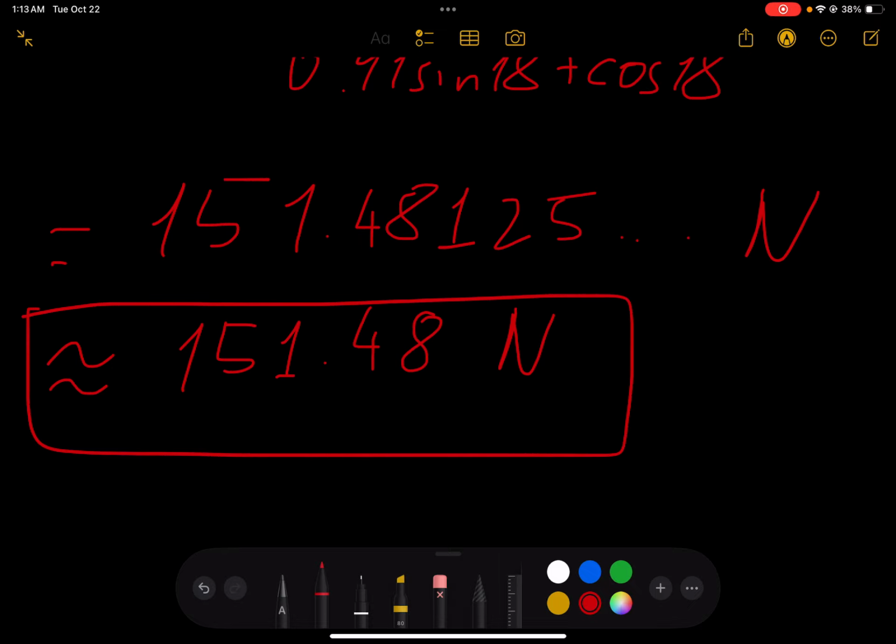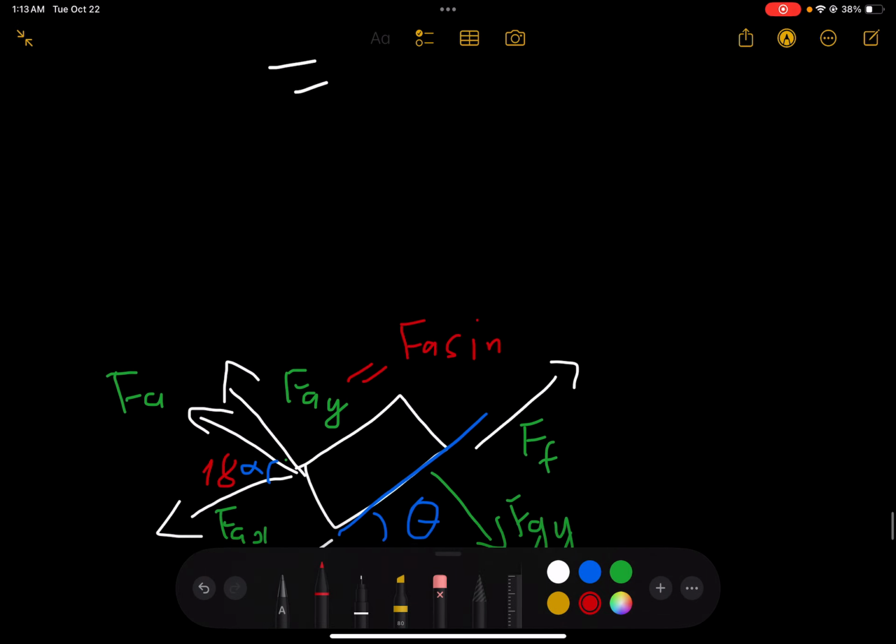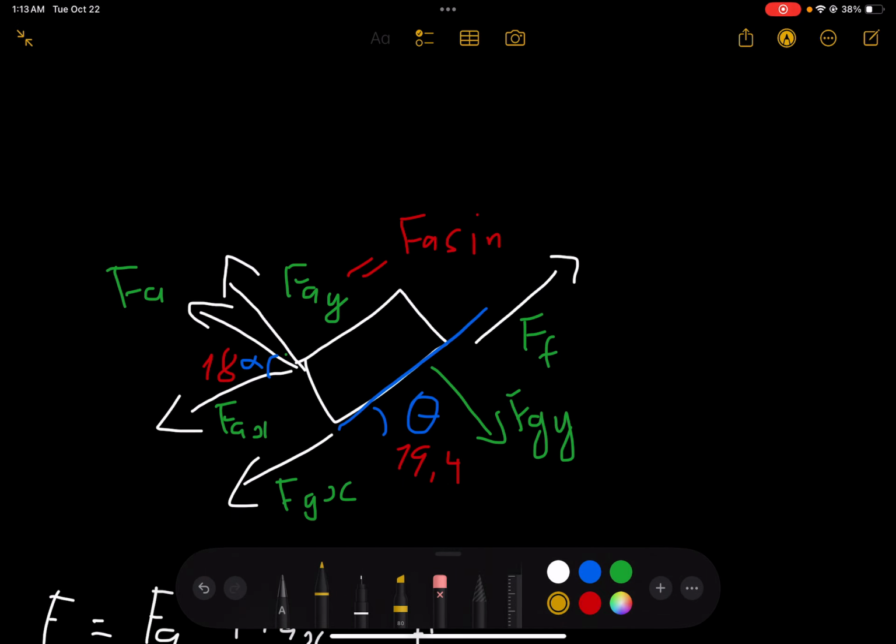And the logic behind this is that, as you can see, this Fay is pulling the block upwards, which makes the weight of the Fgy lower. So this becomes smaller, because they kind of cancel each other out, but Fgy is still greater, okay? And that's why the force of friction is lower.